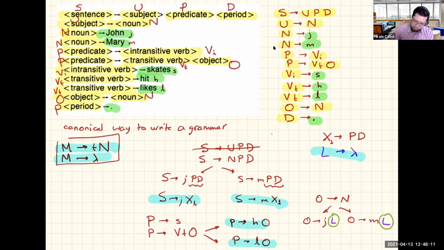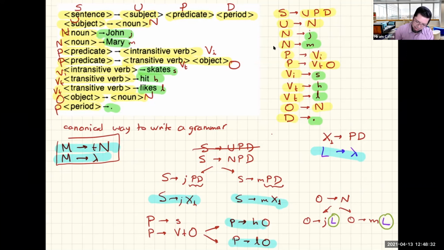Okay, so we are almost finishing. Finally, we have this rule that we created before here, and we need to convert again this PD. In order to convert that PD, we need to expand again this P into VI or VTO.